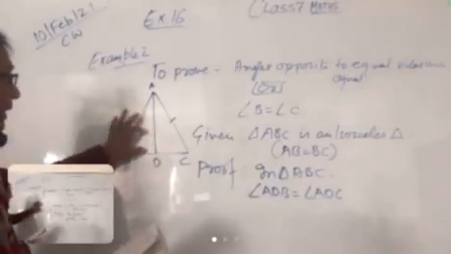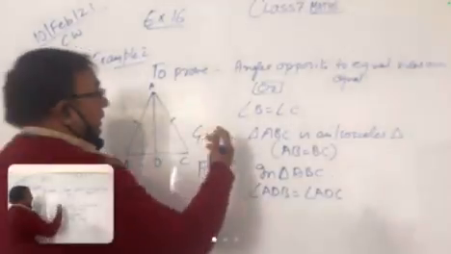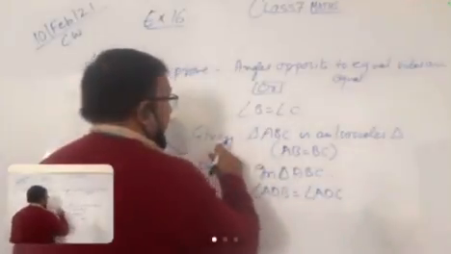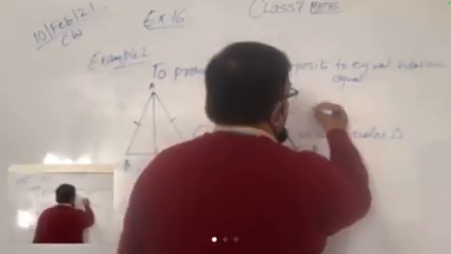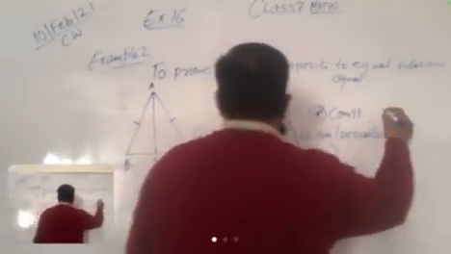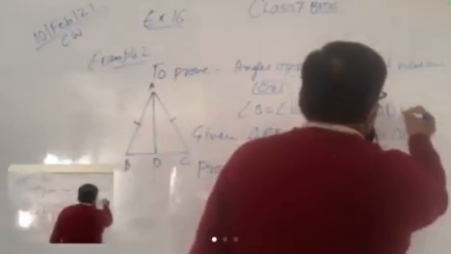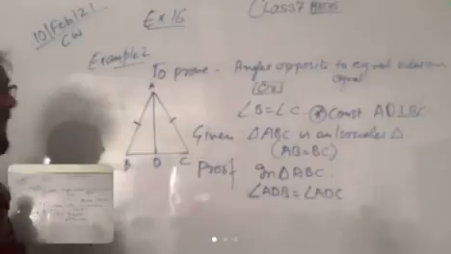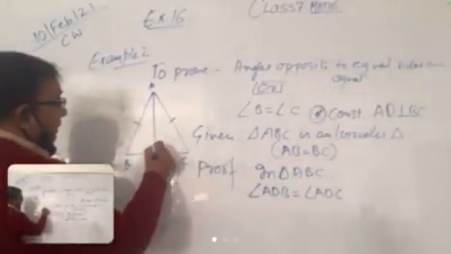This is basically an altitude, और ये मैंने लिखा नहीं, sorry. One more thing we have to write here. Before given, you can write one more thing: Construct AD perpendicular to BC.